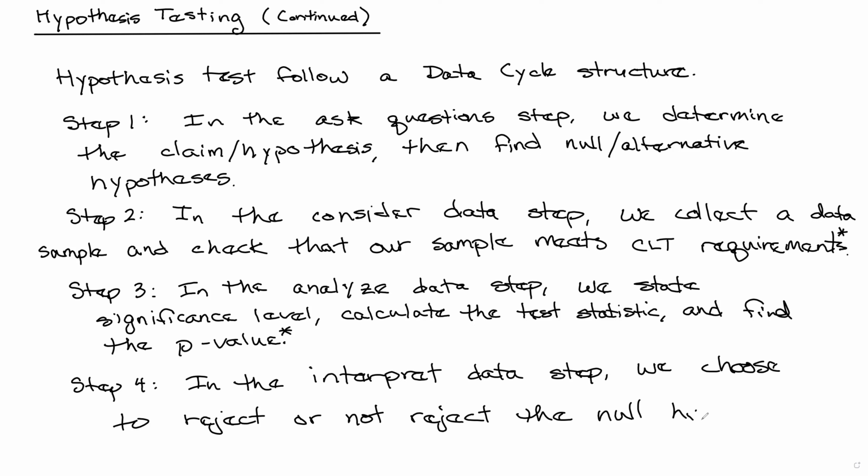I'm going to star that too, because I don't think we've done that. So we're going to talk more about all these starred things in the next few minutes. That's what we're going to go over.